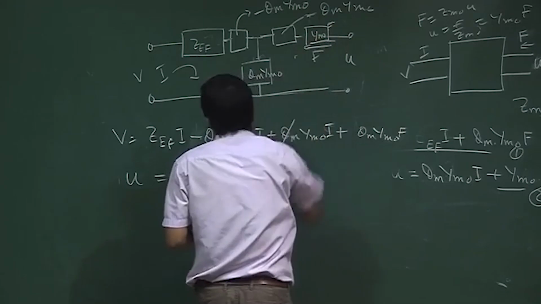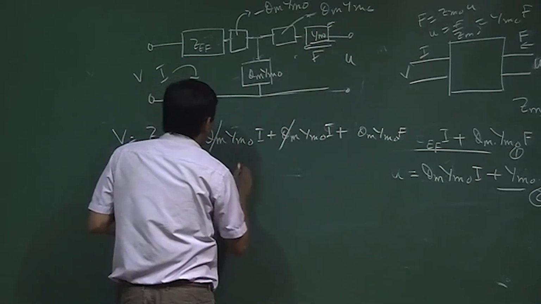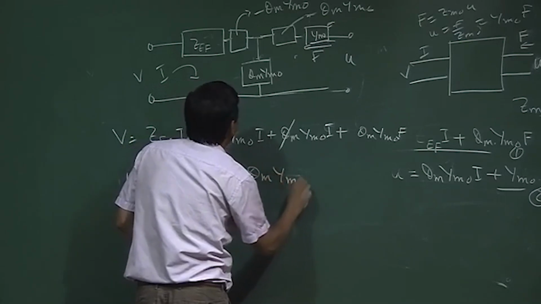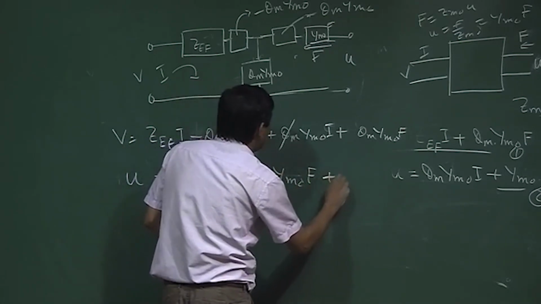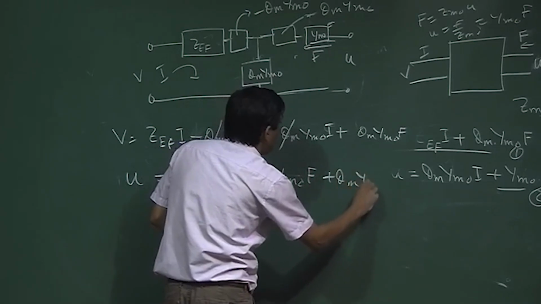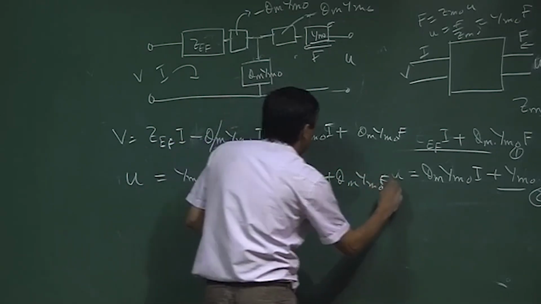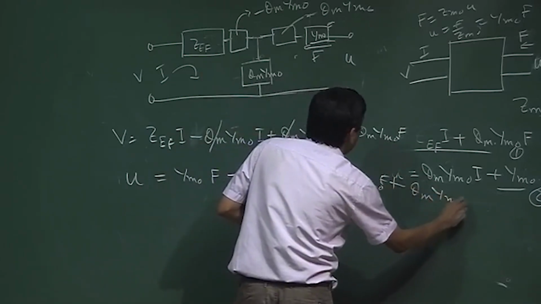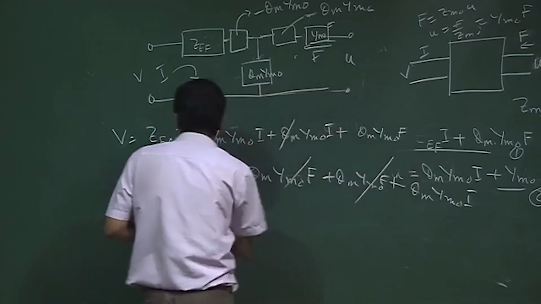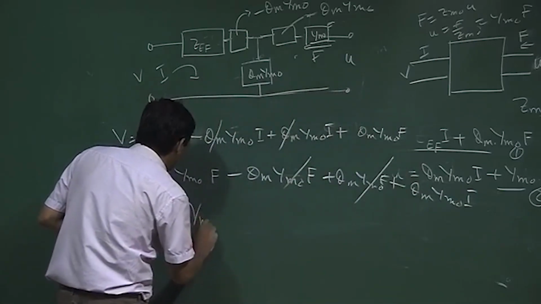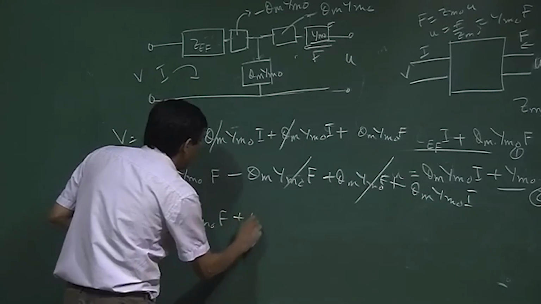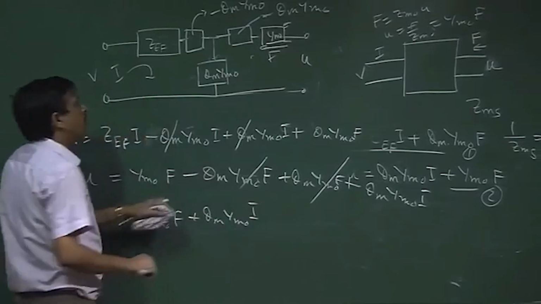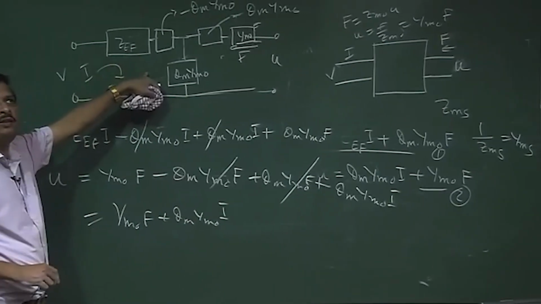So, YMO into F plus minus phi m YMO into F plus phi m YMO into F plus phi m YMO I. This cancels, so YMO F plus phi m YMO I supports the canonical equation. So my equivalent circuit is okay.